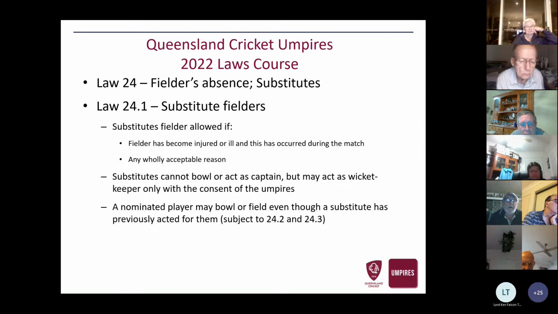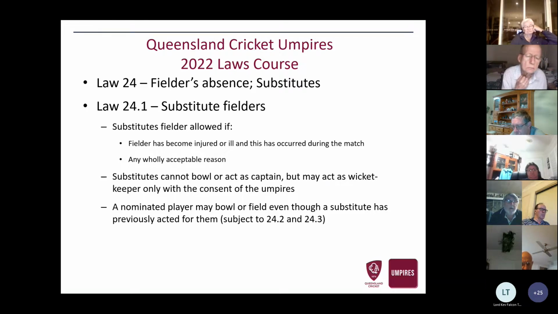Law 24 you need to read in conjunction with law 25, because unserved penalty time incurred by a fielder could quite possibly carry over into their batting innings. So when you allow a substitute and a player incurs penalty time, you need to make sure that you understand the requirements of penalty time under this law and also the next law that we'll cover.